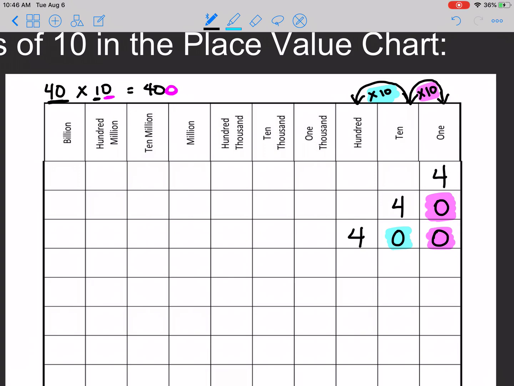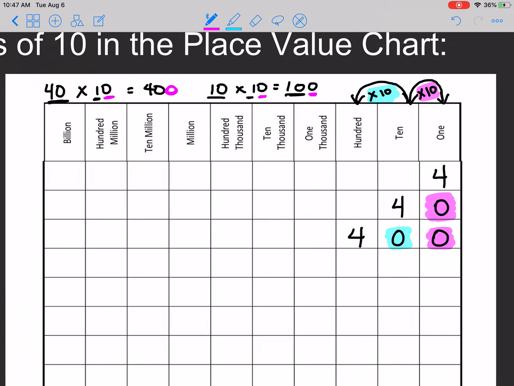You can also remember that 10 times 10 equals 100, because you have 10 times 1, which is 10, but then you also have that extra 0, which makes it 100.